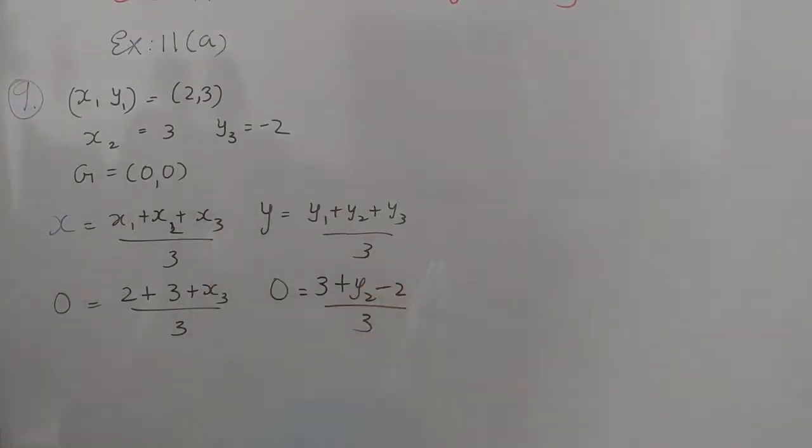Substituting all the values, we can find the missing values. 3 multiplied by 0 is 0, 3 plus 2 is 5 plus x3, therefore x3 will be minus 5. Similarly, 3 into 0 is 0, and 3 minus 2 plus y2, therefore y2 is equal to minus 1. So these are the values they asked for, x3 and y2. Likewise you can use the formula to get the values.